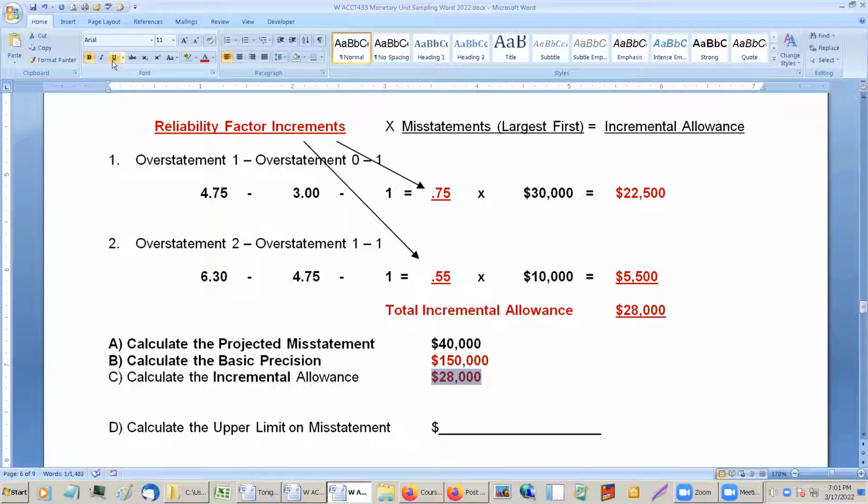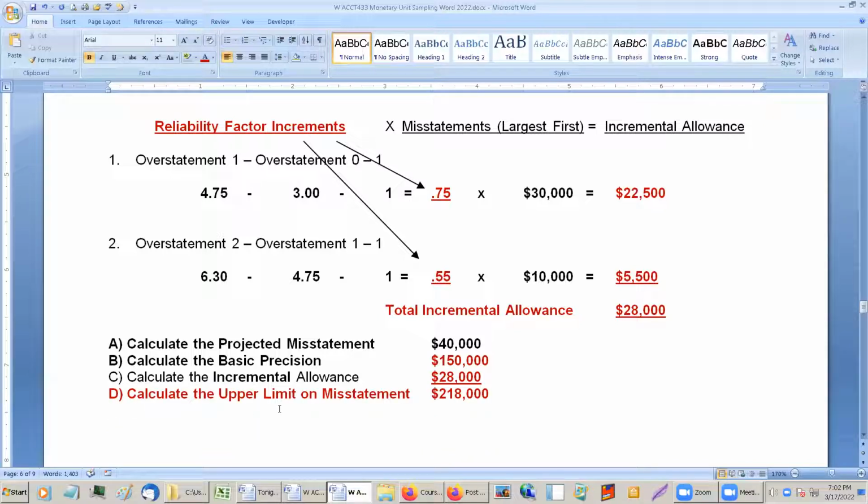Okay, so the total is 218. So the upper limit on this thing would be 218,000.